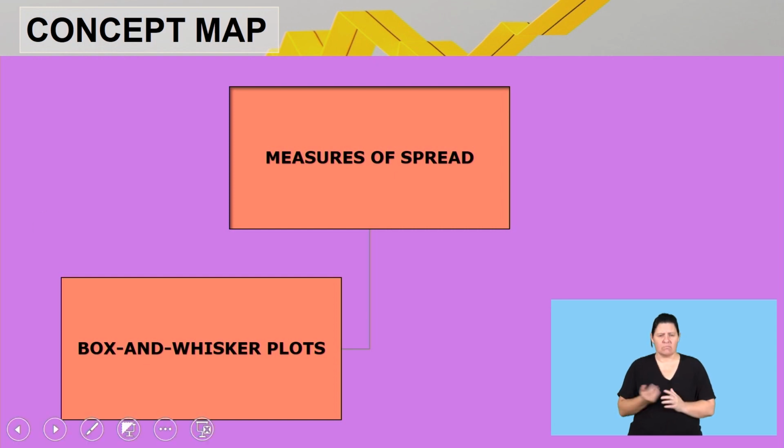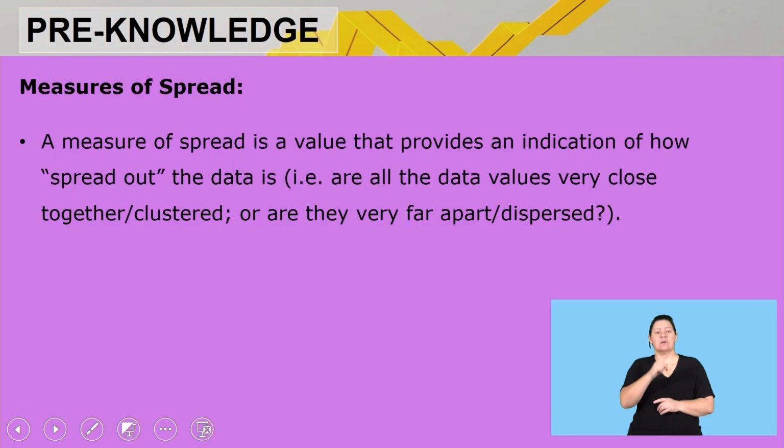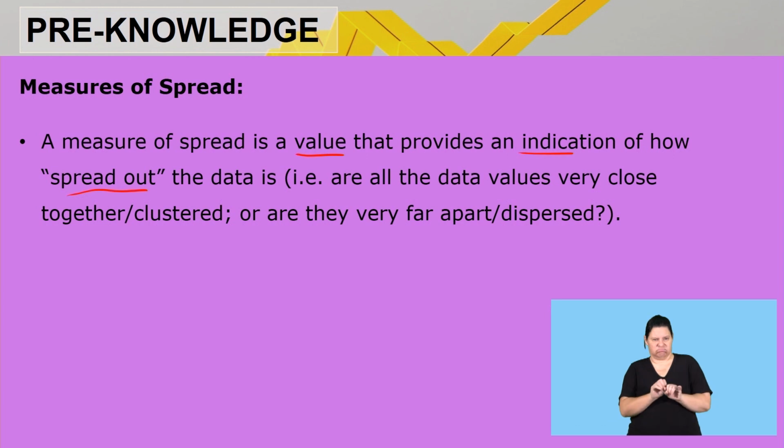Now let's get some background, right? Measures of spread: what exactly do I mean when I refer to measures of spread? A measure of spread is a value that provides an indication of how spread out the data is. In other words, are all the data values very close together?